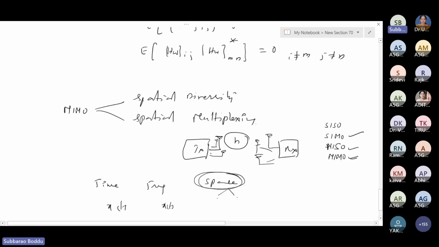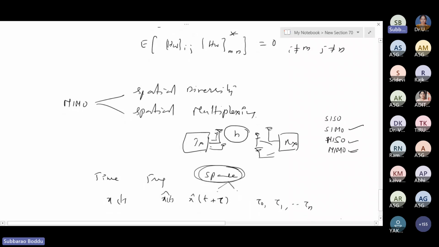Suppose I receive one copy x of t, and another with some delay tau, so x is received at delays tau 0, tau 1, and so on up to tau n. If these are uncorrelated, then we basically get some benefit out of it.